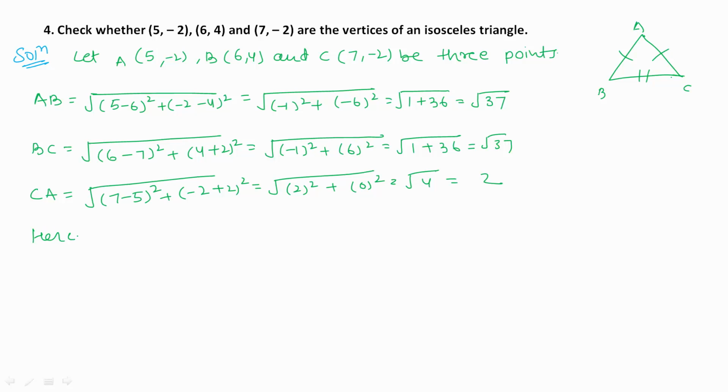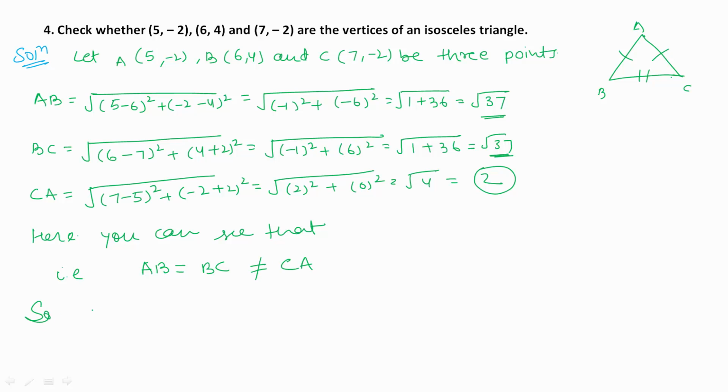Here you can see that these two distances are equal and different from the third side, that is, AB is equal to BC is not equal to CA.